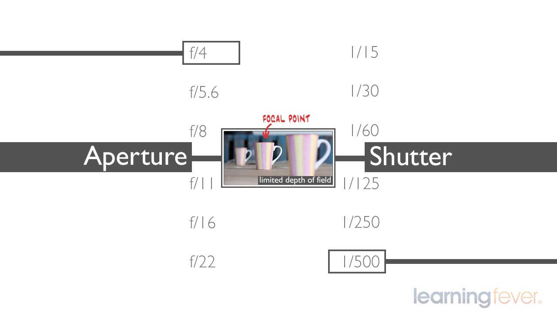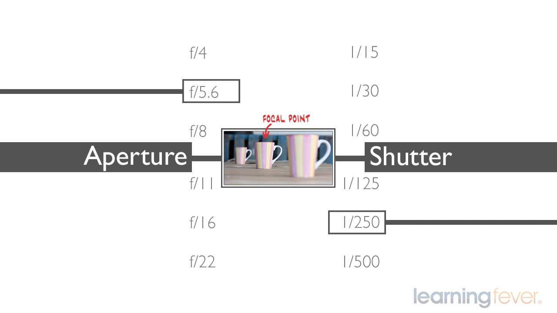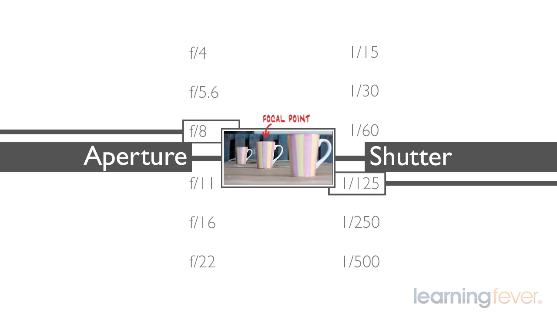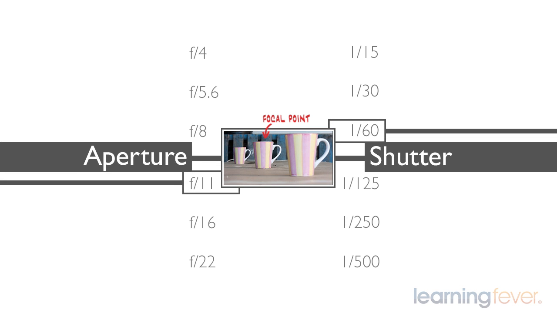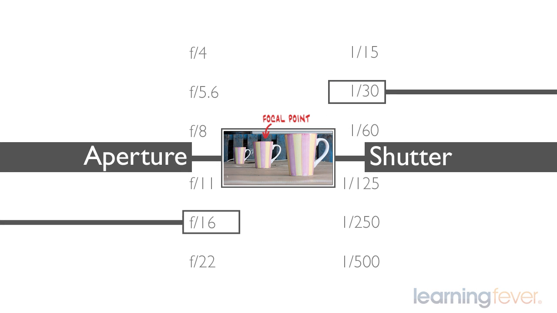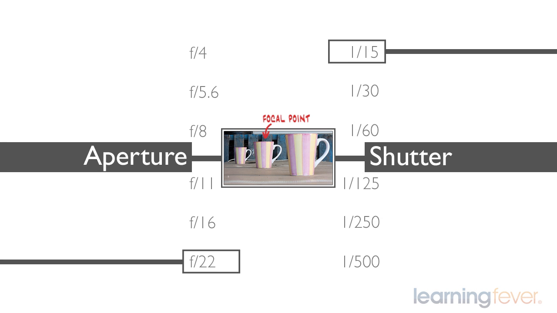The next step up would be f5.6 at 1/250th of a second, then f8 at 1/125th of a second, f11 at 1/60th of a second, f16 at 1/30th of a second, and then f22 at 1/15th of a second. These would all yield exactly the same exposure, but in each a variation would occur in the depth of field and the level of blur in the image.